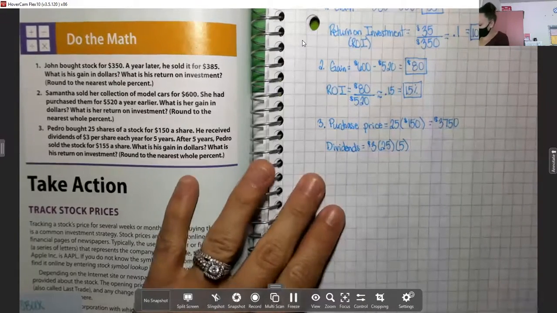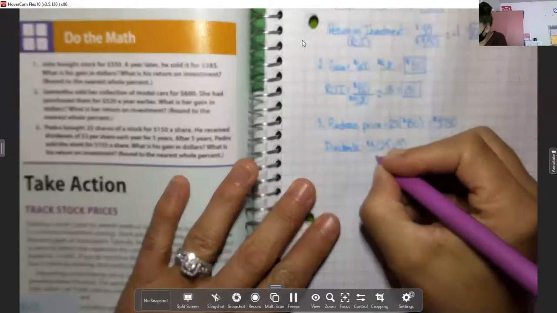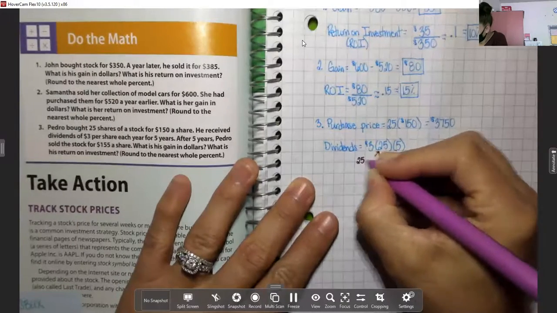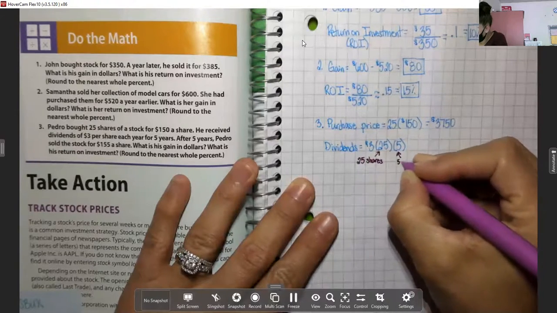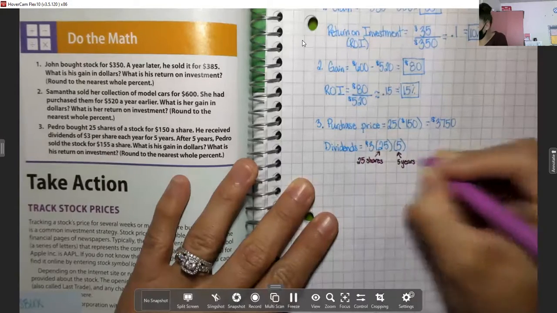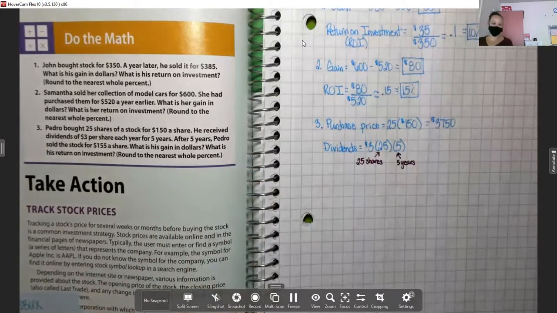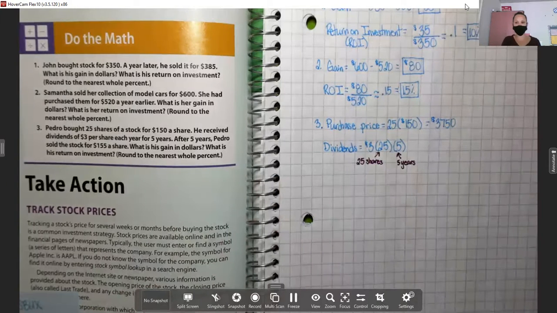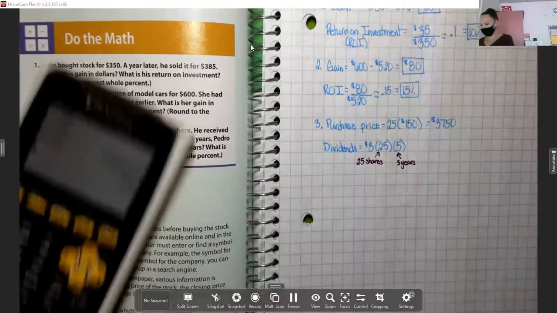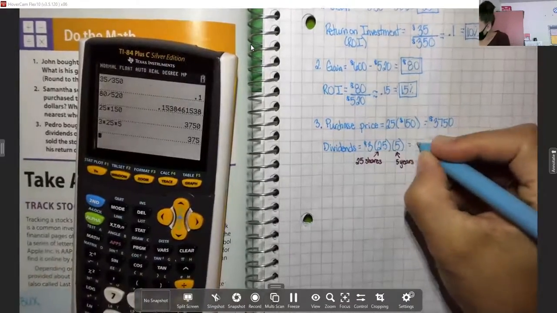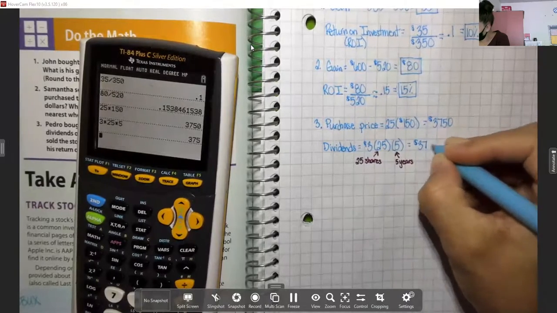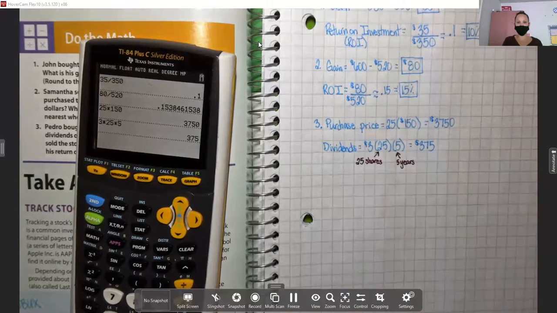So this is 25 shares and 5 years. You don't have to label those numbers unless it's going to help you, because if you have something like this on a test, you may want to know where those numbers came from. All right, 3 times 25 times 5 is $375. So he made $375 over the 5 years in dividends.